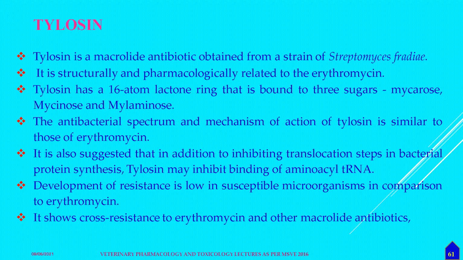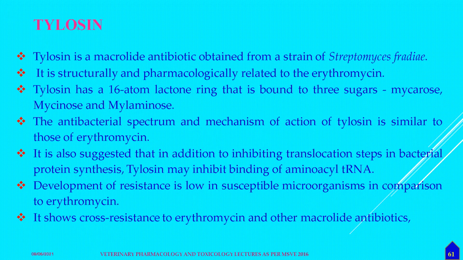So the mechanism of tylosin, apart from the usual, is that it also inhibits aminoacyl tRNA, and development of resistance in susceptible microorganisms is slow in comparison with erythromycin. Compared to erythromycin, tylosin is a little more potent, and it shows cross resistance to erythromycin and other macrolide antibiotics.